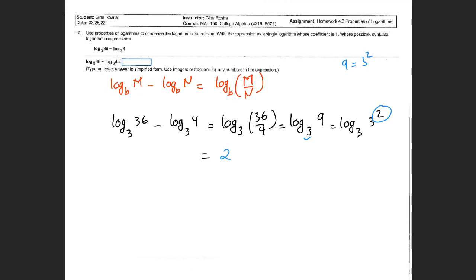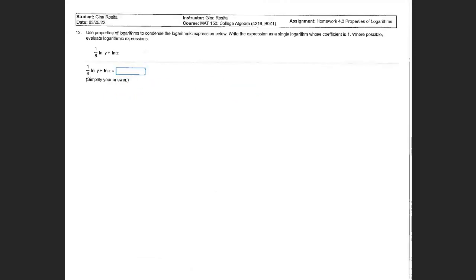Number 13. So this is the same. Okay, just go directly. Yeah? So now let's write down the problem. 1 over 8 natural log y plus natural log z.